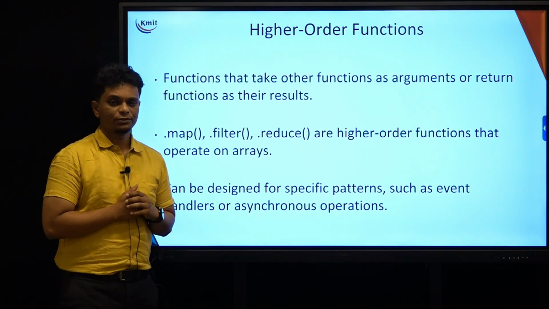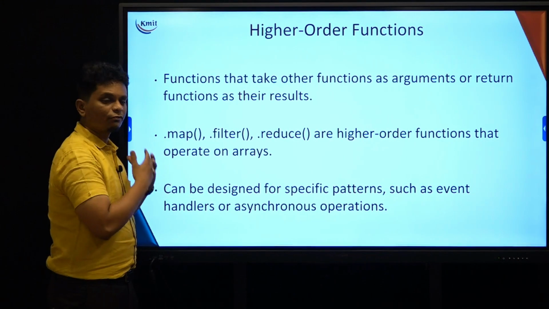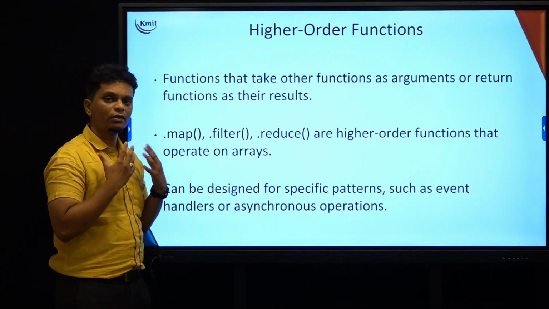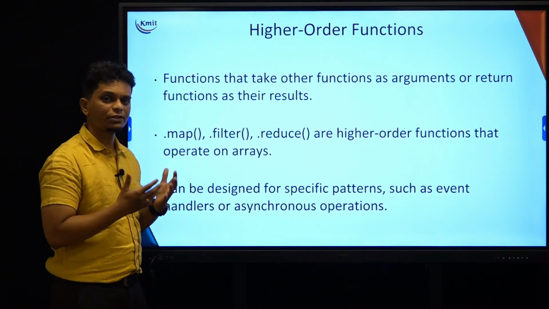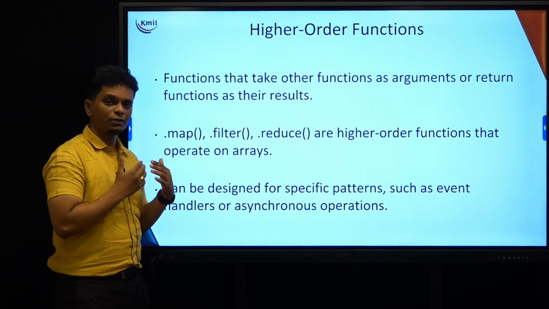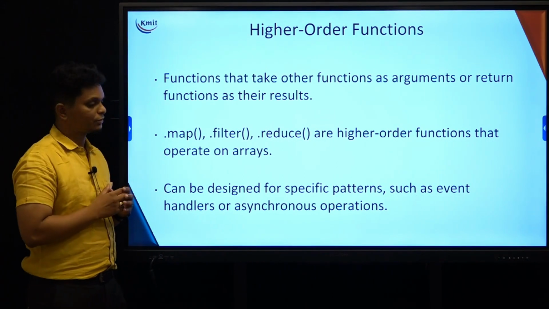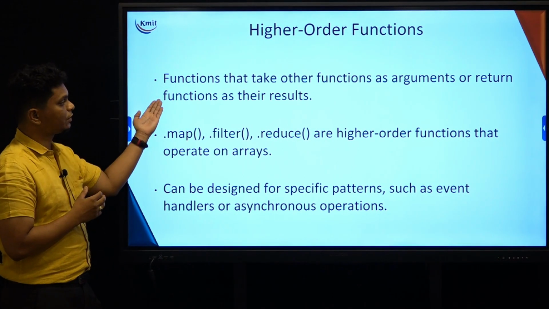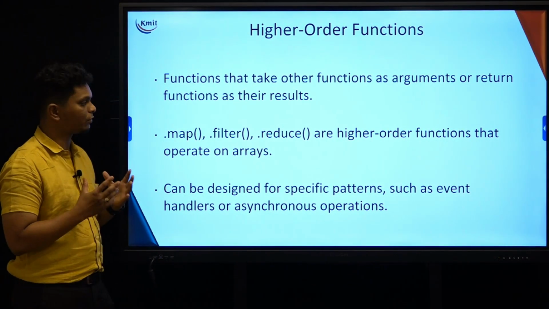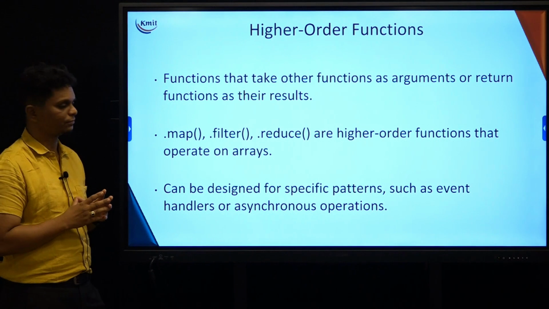Higher order functions. Higher order functions, or in short HOF, are functions that are passed as arguments or returned as the return value of another function. Okay, see here it's clearly mentioned, functions that take other functions as arguments or return functions as their results.